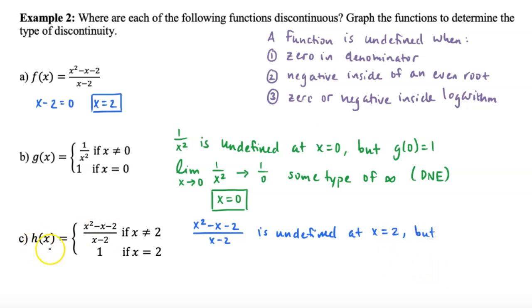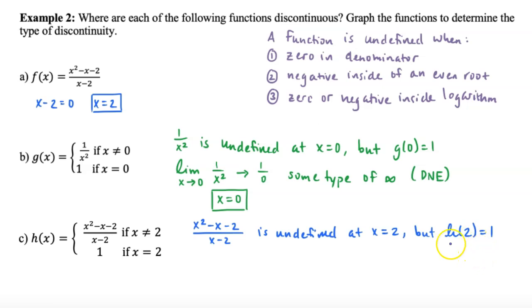But we have that h of 2 is 1. What this means is that this function is defined for all values of x.